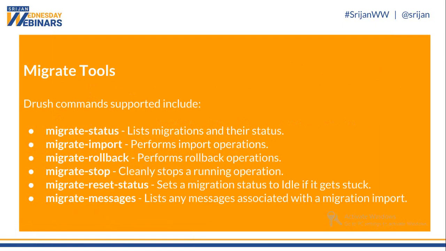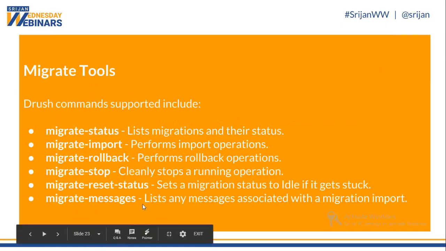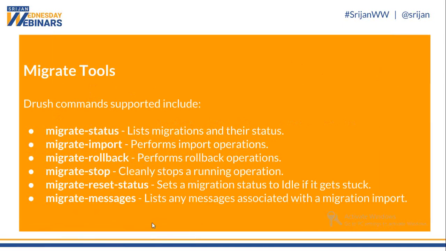You can run drush migrate stop, and it will stop the operations currently running for your migration. Next is migrate reset status, which sets a migration status to idle if it gets stuck. Migrate messages lists any messages associated with a migration import.